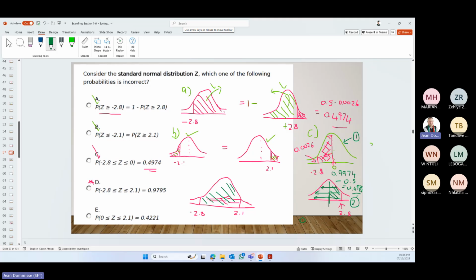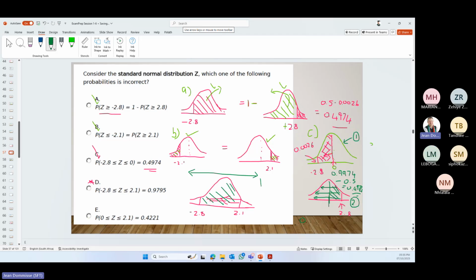Okay, so one can do it a few ways. The way I would look at it is to say, we know that this total area, the probability, is always equal to 1.